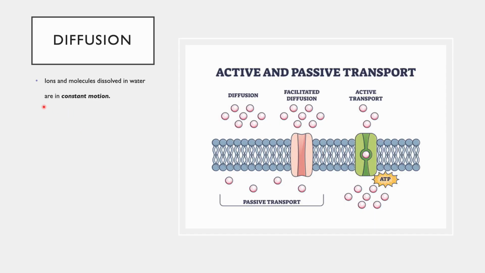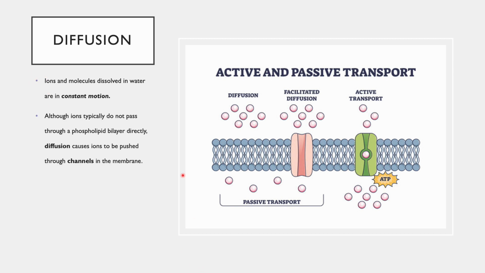Now, I previously noted that water is the main ingredient of the extracellular fluid outside of the cell and the cytosol inside of the cell. Ions and molecules that are dissolved in water are in constant motion, and these electrically charged atoms are what create electricity in the body. Although ions typically do not pass through the phospholipid bilayer directly, remember, mainly due to the hydrophobic tails, diffusion causes ions to be pushed through channels in the membrane.